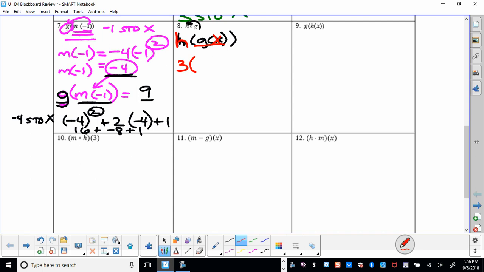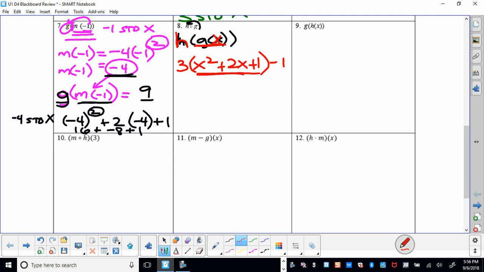So what is G of x? It's this trinomial, x squared plus 2x plus 1. So there's G of x in for x, and then go back to what H is. H was 3x minus 1. Thank God, that's all it is. So here's G of x right there inside H of x.